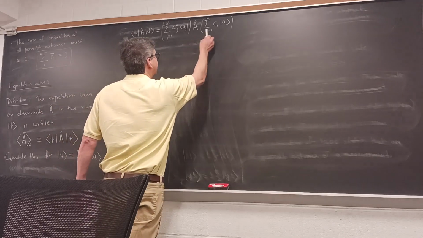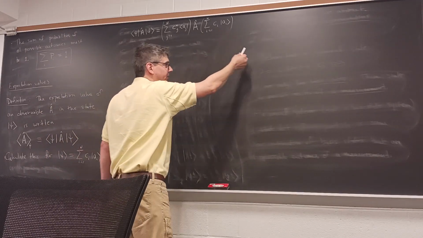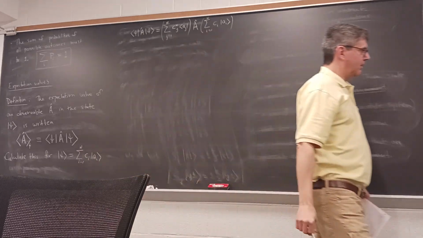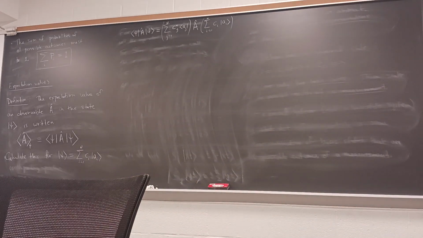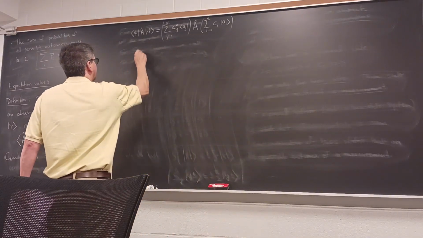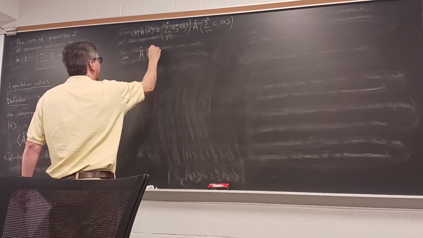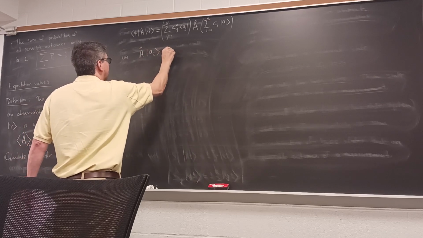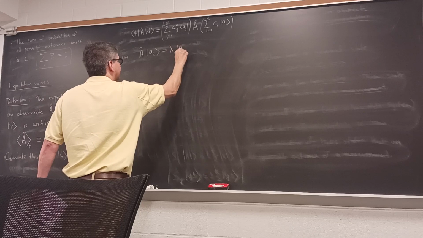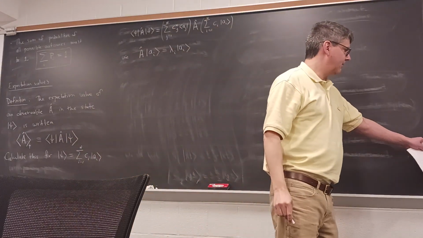Now, A is an operator, and this is just a sum, so I'm just going to let A come in and operate on the ket. It's just going to come in and operate on A1, A2, and so on. So we'll use the fact that A on A sub I is given by lambda I A sub I. This is just our eigenvalue equation.